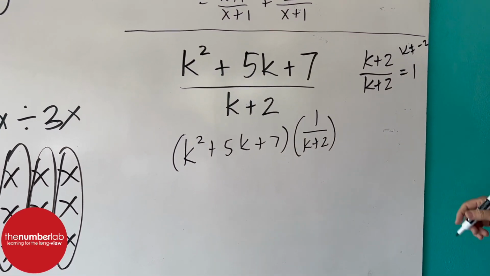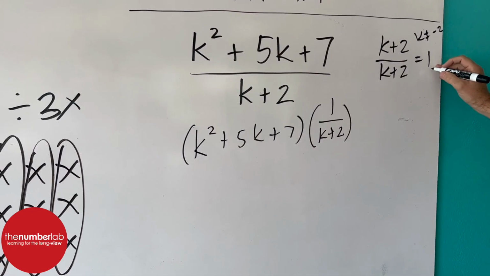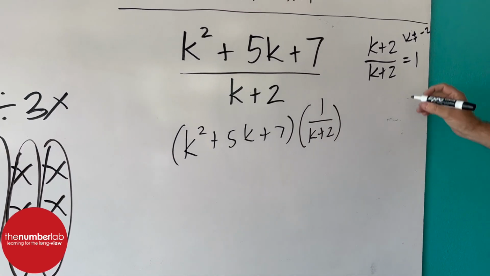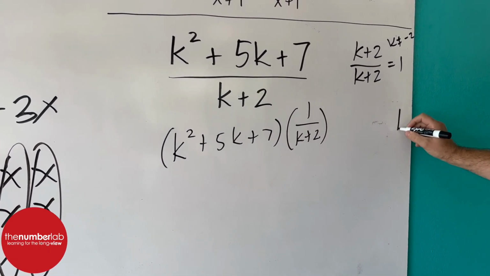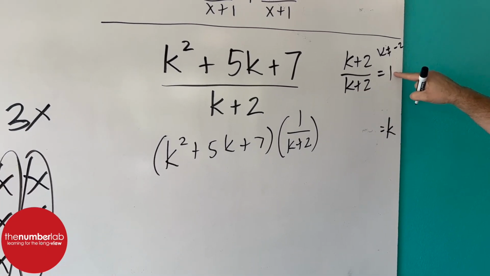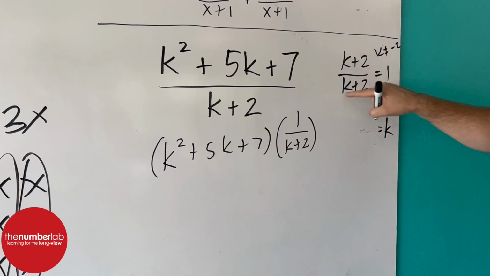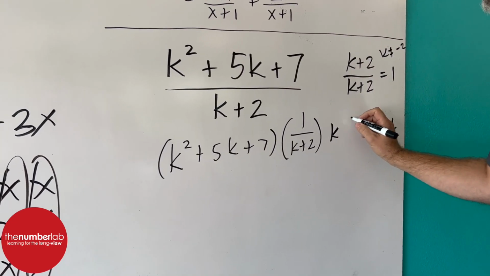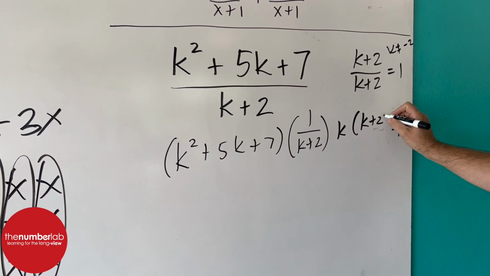Okay, well, if that's one whole, let's try something. If I wanted k of them, I would have k times as many, so I need k of these.